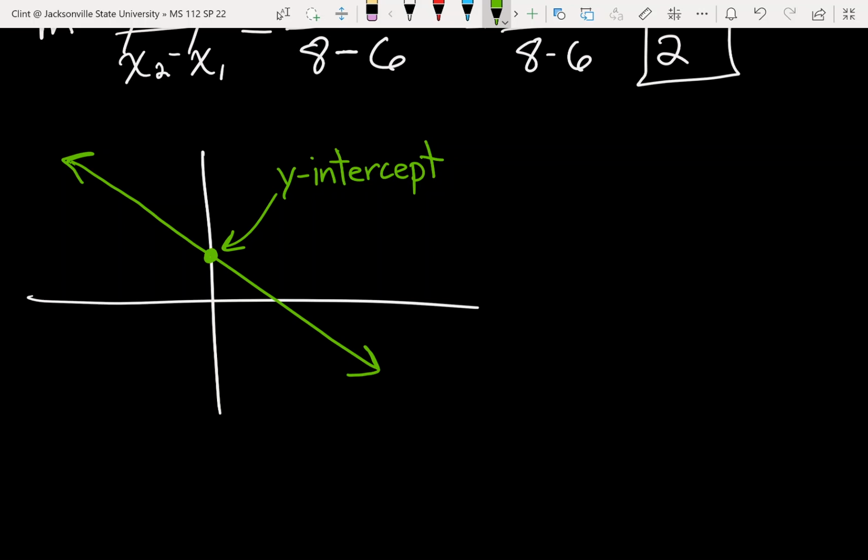If you intercept something, that means it meets up. You and it meet up, right? And the place where our graph crosses the x-axis, we call the x-intercept.